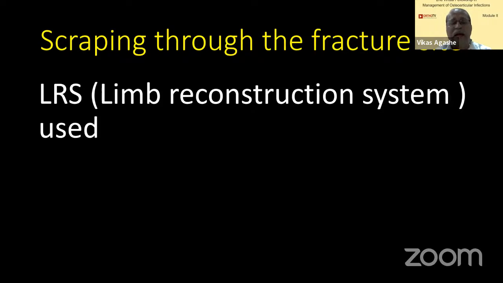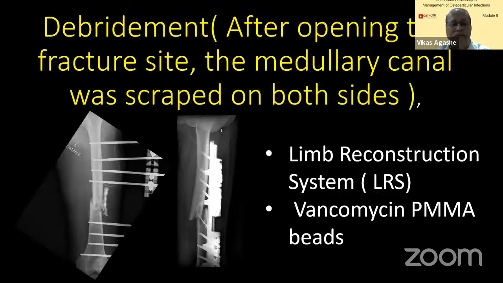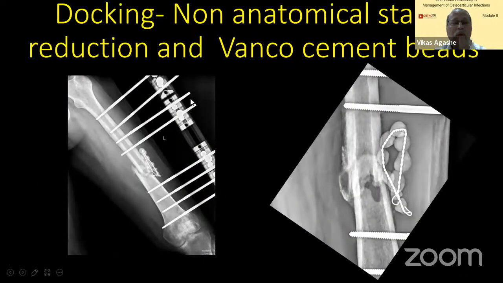In this case, I decided to use an LRS. So I did a non-anatomical but stable reduction and used an LRS, and put in vancomycin beads. Here you can see I've got a good docking and the fracture has already started healing.